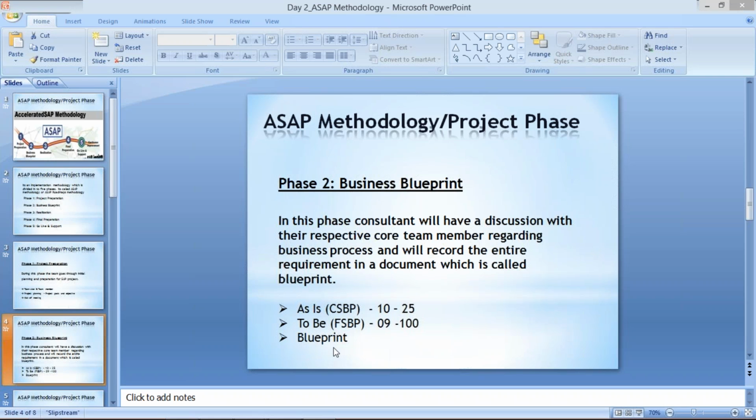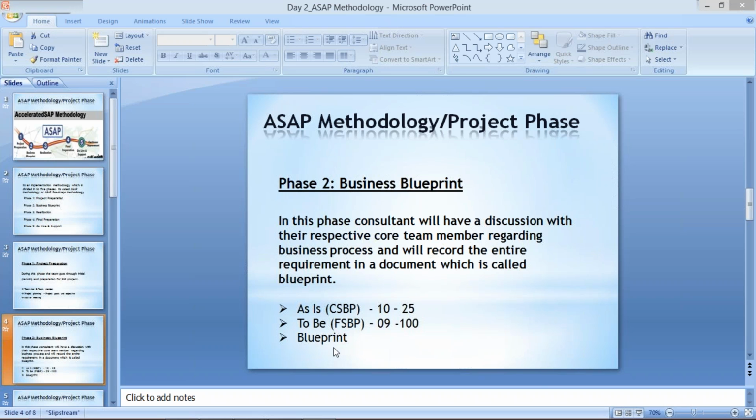So the CTMs will go through it, and finally, if they find it okay, that we have specified each and everything as per requirements, then they are going to approve. Once we get approval on mail, we take a printout of that blueprint and produce it before the client for signature for the sign off.